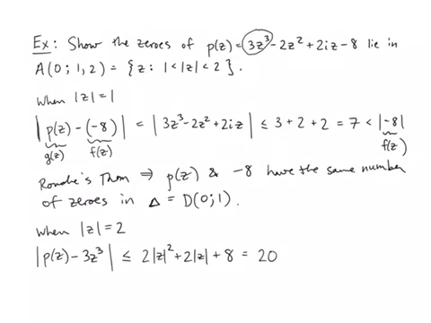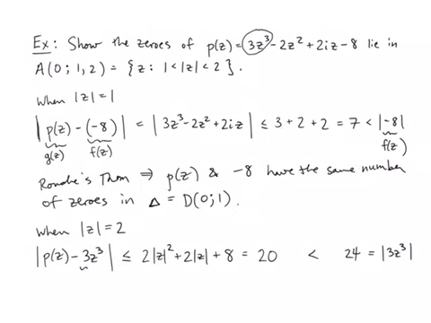And the norm of 3z cubed, right? So the norm of 3z cubed when the norm of z equals 2 is equal to 3 times 8, which is 24, right? So that equals 24, and 20 is less than 24, right?